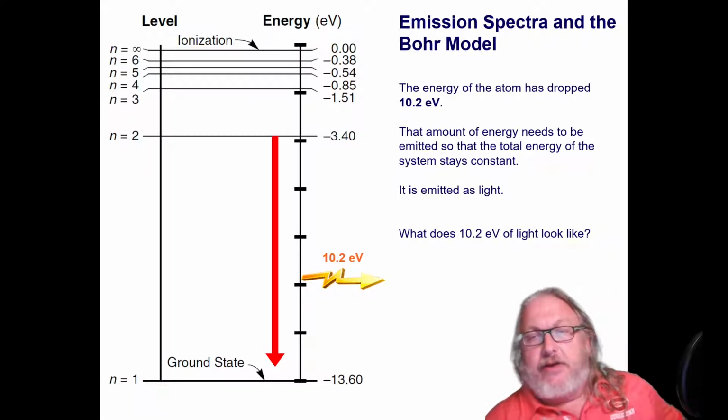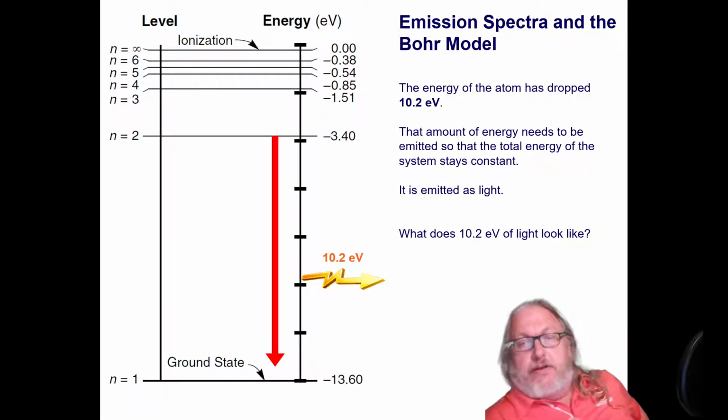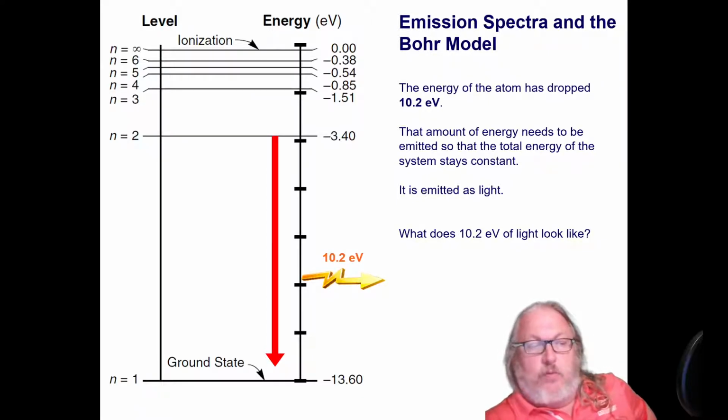That amount of energy needs to be emitted so that the total energy of the system stays constant. And what is it emitted as? It's emitted as light. That electromagnetic wave has a color. So what does it look like?